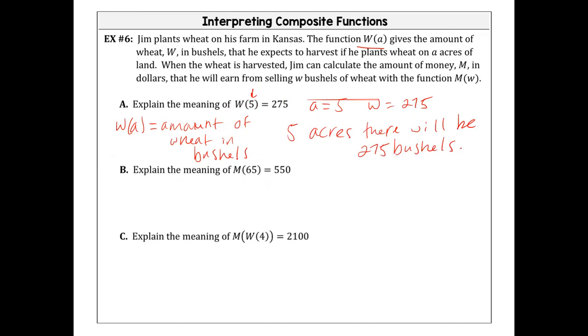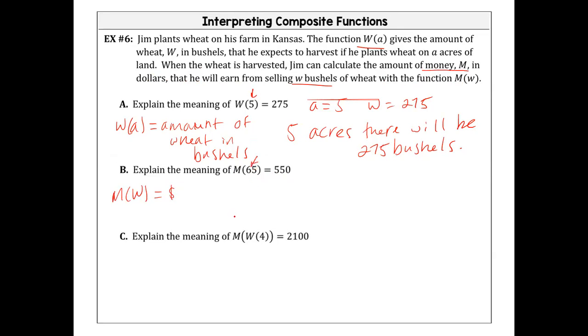Okay. Then it says here, explain what this means. So in terms of this problem, it says M of 65 equals 550. Well, now we're looking at the second equation. The second equation is M, which stands for your money in dollars that he will earn from selling W bushels of wheat, right? So when we look at M of W, that's what's explaining the money, the dollars that we're going to earn. So in this case, your 65 represents what?